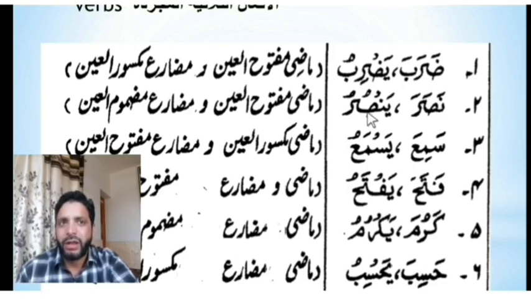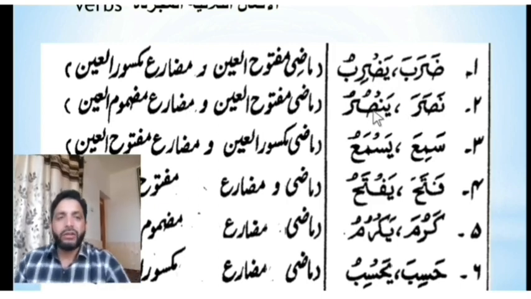Yansuru is muzari and it is mazmum al-ain. This ain kalima is mazmum, isn't it? In the first bab, in muzari, the ain kalima was maksur, and here it is mazmum. Here this is the difference: in the first bab we saw muzari maksur al-ain, and in the second bab we see muzari mazmum al-ain.